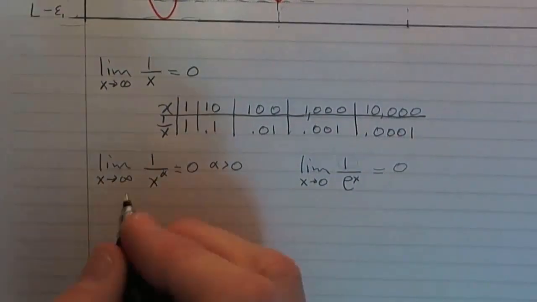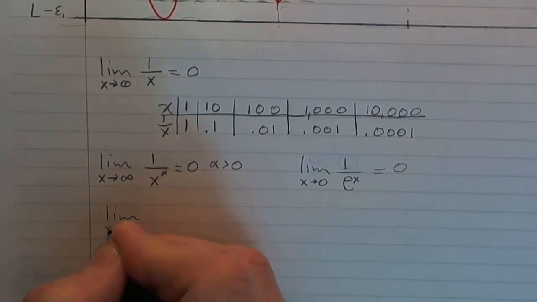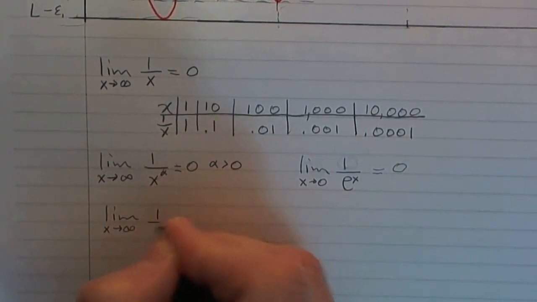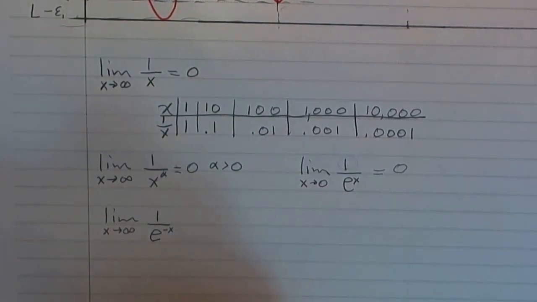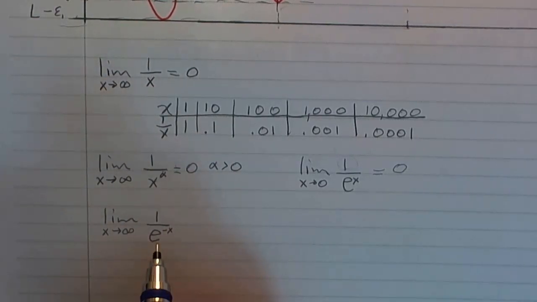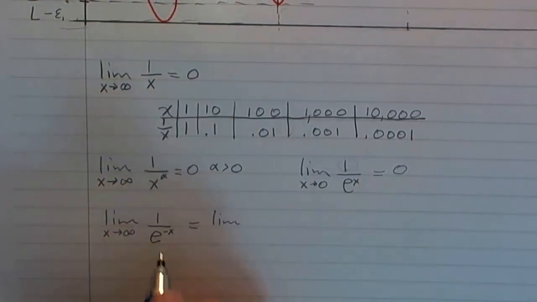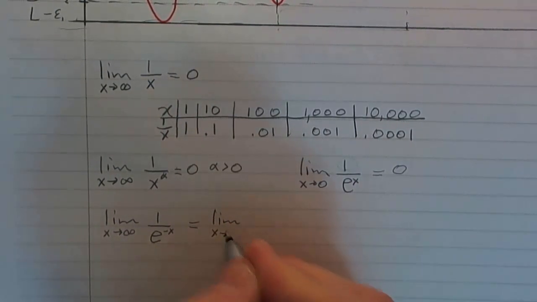Now you have to be careful. Let's suppose that you have a situation like this. Let's suppose you have the limit as x goes to infinity, and you have 1 over e to the negative x, something like that. Well, that's going to be a different situation. Look what that is. Let's just rewrite it. In other words, yeah, you've got this exponential thing in the bottom, but look what happens.